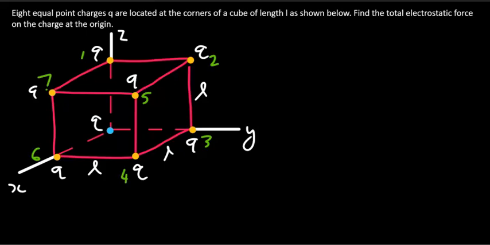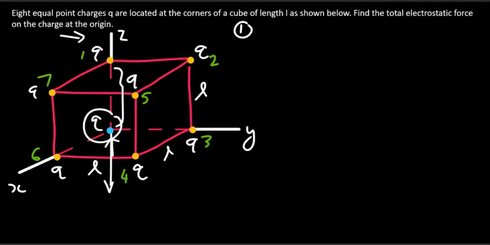So we want to determine the net force exerted by all these charges on the one placed at the origin. Let's start with the charge number 1 on the z-axis. The distance between the first charge and the one at the origin is L, because that is the length of that cube. The force exerted by charge number 1 on this charge, both having the same sign, would be downward.